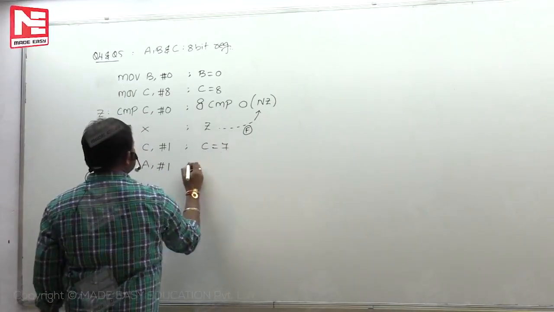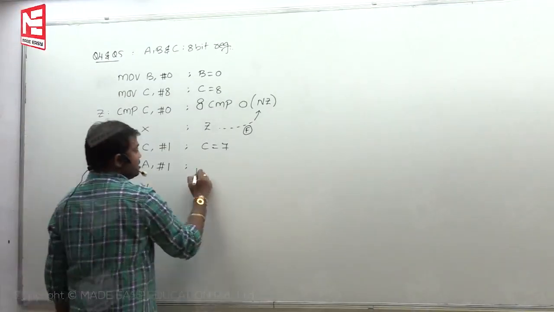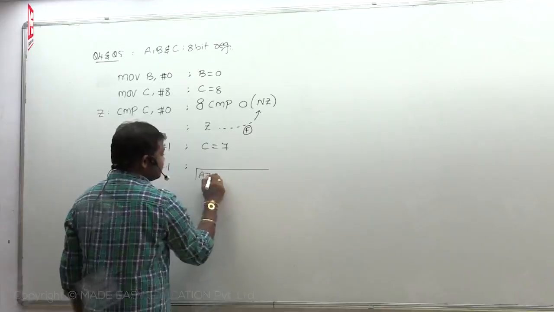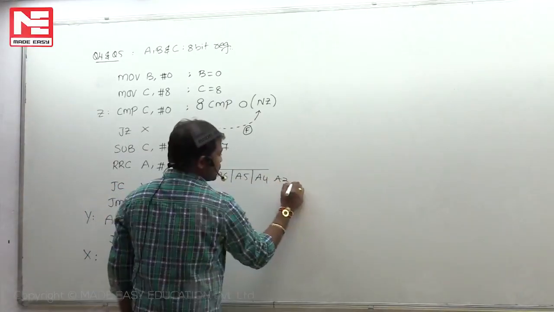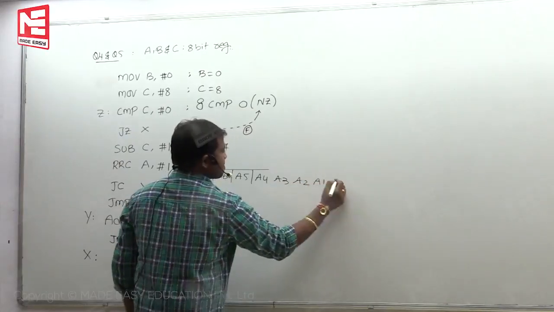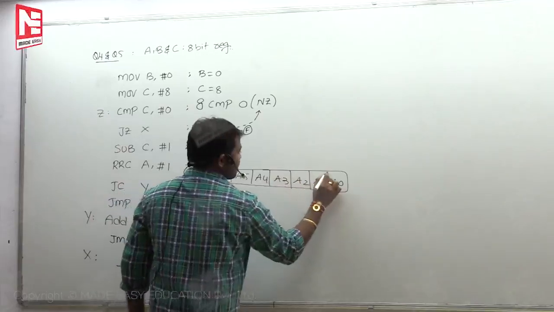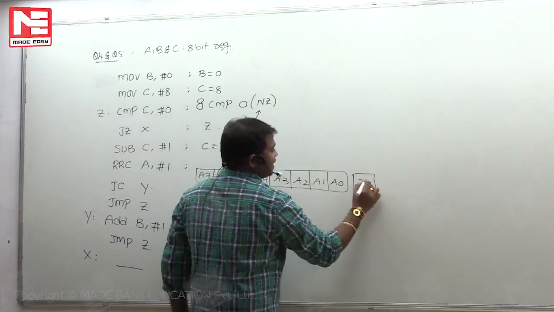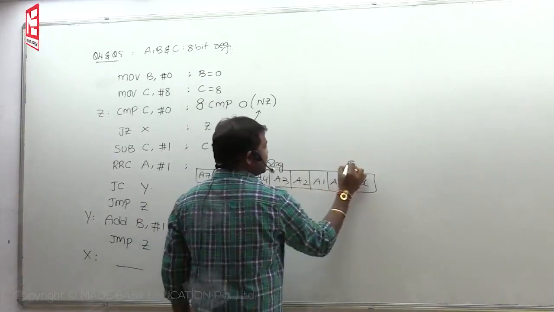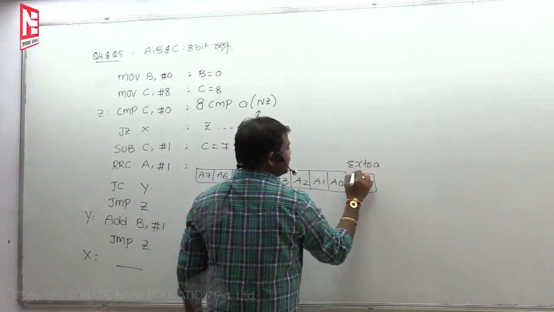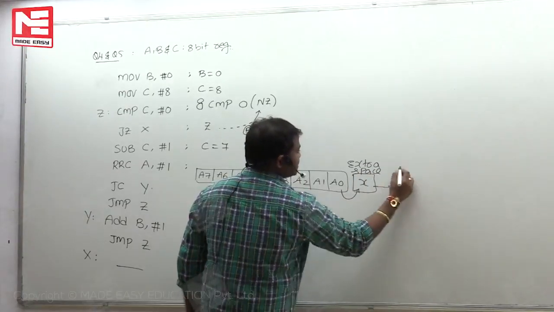Now C becomes 7. RRC means rotate right along with carry. So A is an 8-bit register, A7, A6, like this. Rotate right along with carry means some extra storage space is present. So with that extra storage space, data will be rotating to the right direction like this.